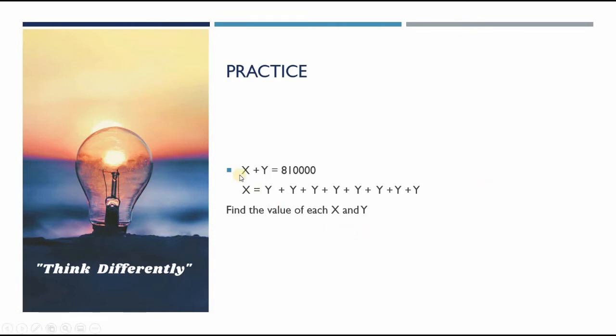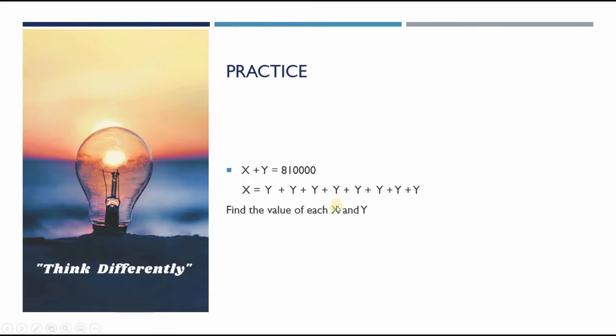One condition says X plus Y is equal to 810,000, and another condition says X is equal to the sum of the Y's. Counting them: 1, 2, 3, 4, 5, 6, 7, 8. So X is equal to 8Y.